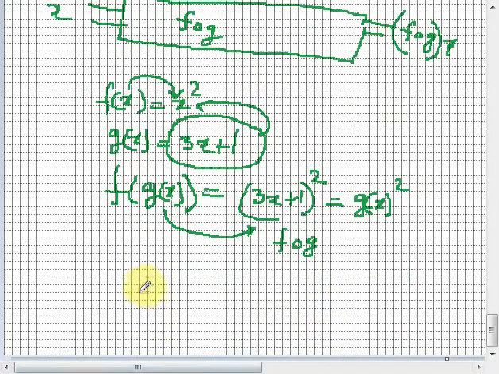Similarly, we can also find g of f of x, which is g of f(x).